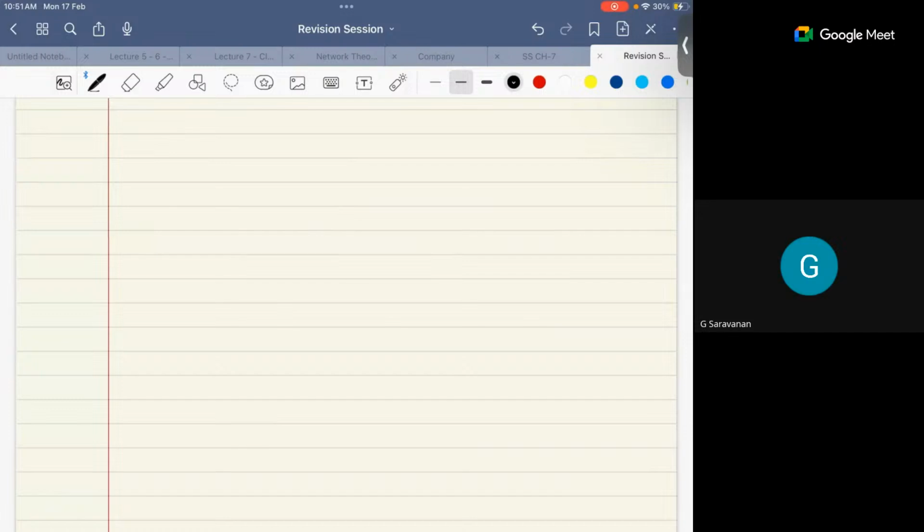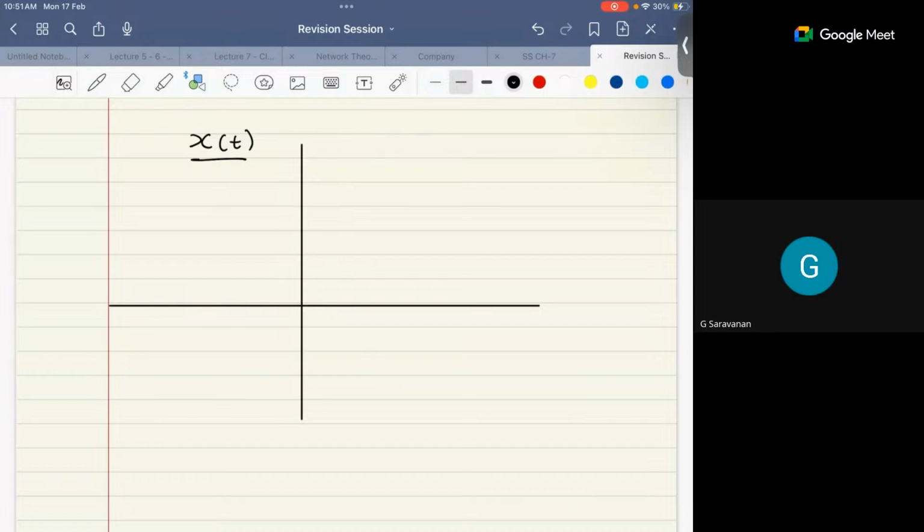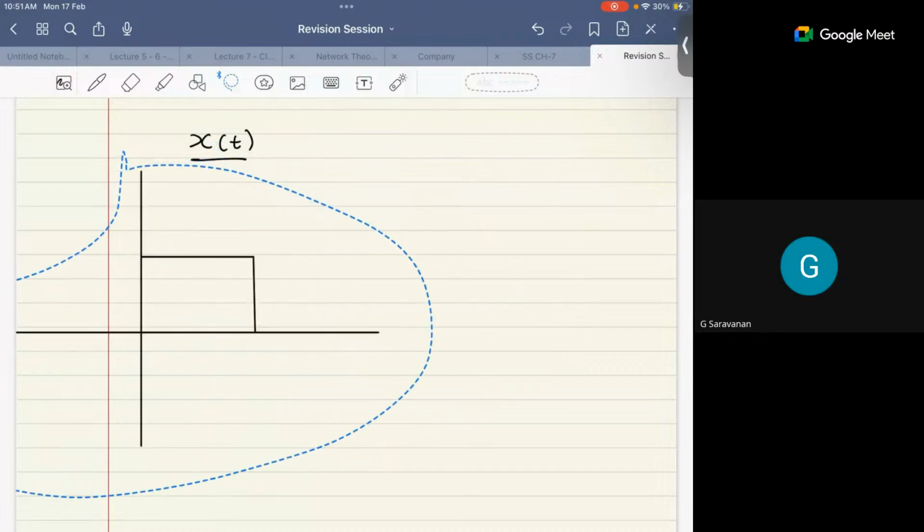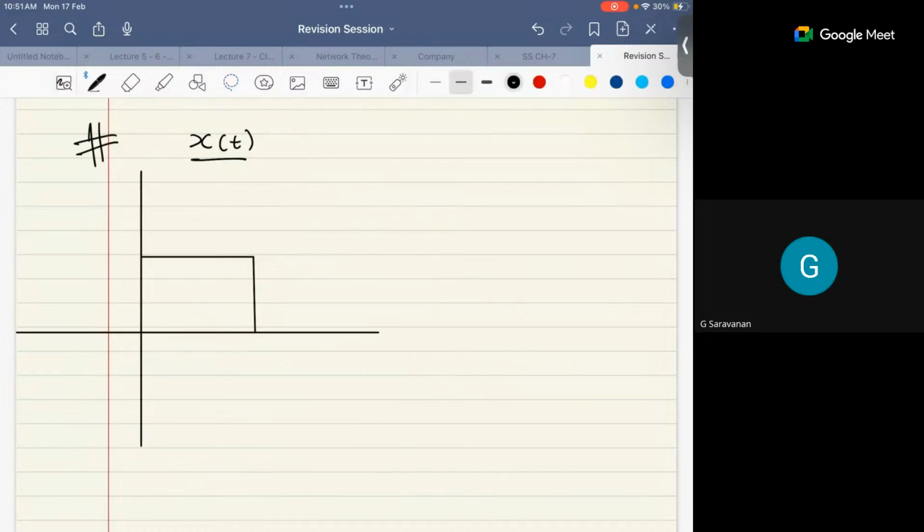You have been given the x of t. And you have been given the odd part also.